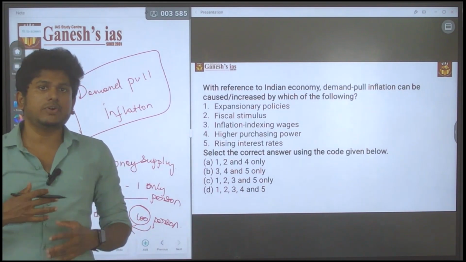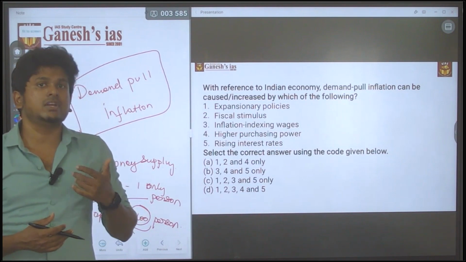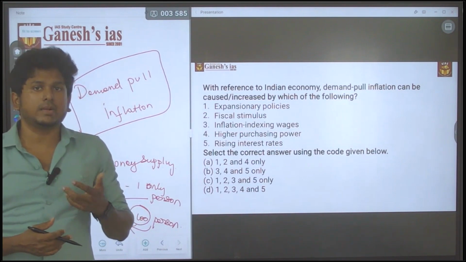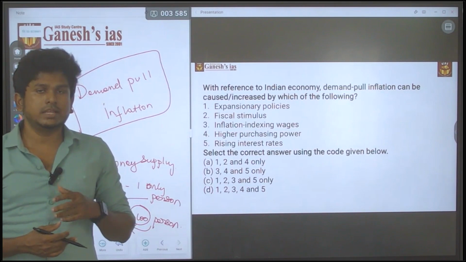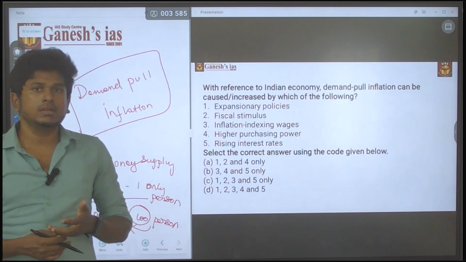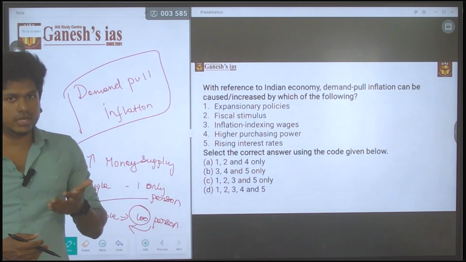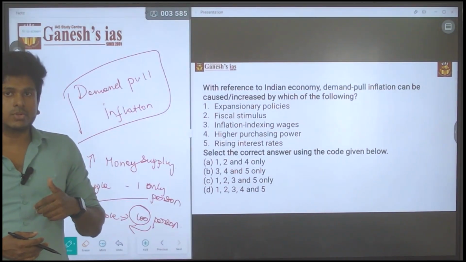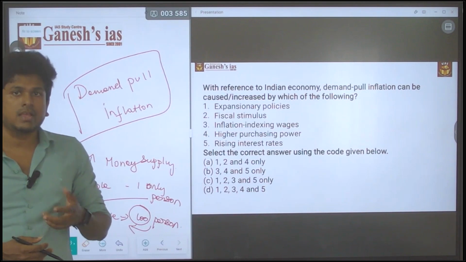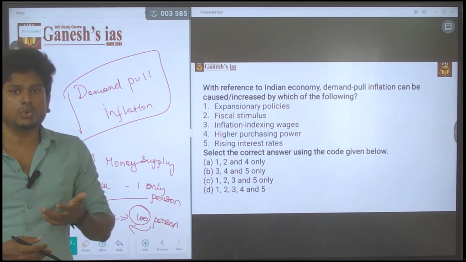They will fight for the single apple, so that will lead to a price increase of the apple. That is called demand pull inflation. If there are supply shortages, that also leads to demand pull inflation, and if there is a higher money supply, that also leads to demand pull inflation.